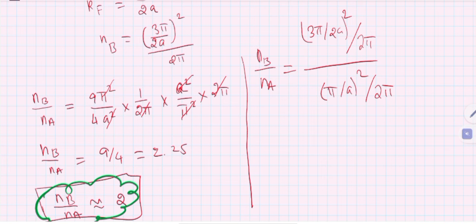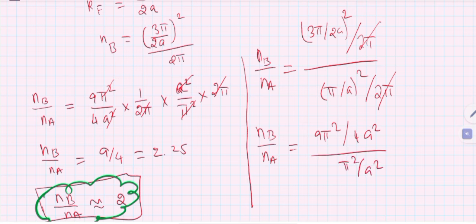Then we can directly cancel, and NB by NA becomes 9 pi square by 4a square divided by pi square by a square.